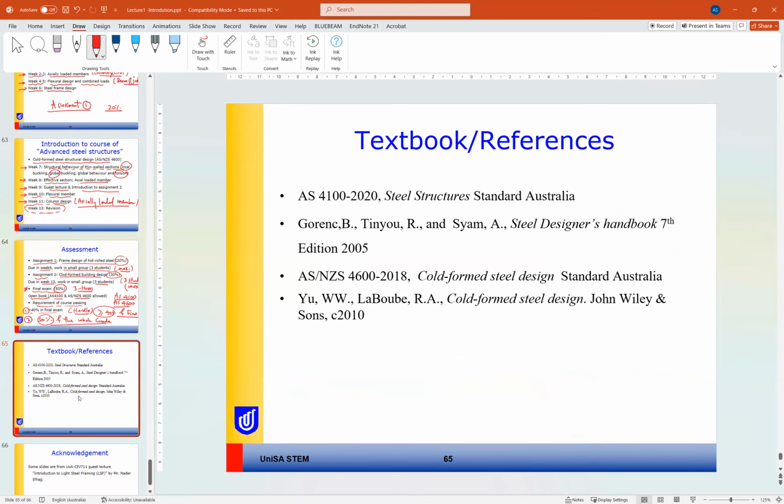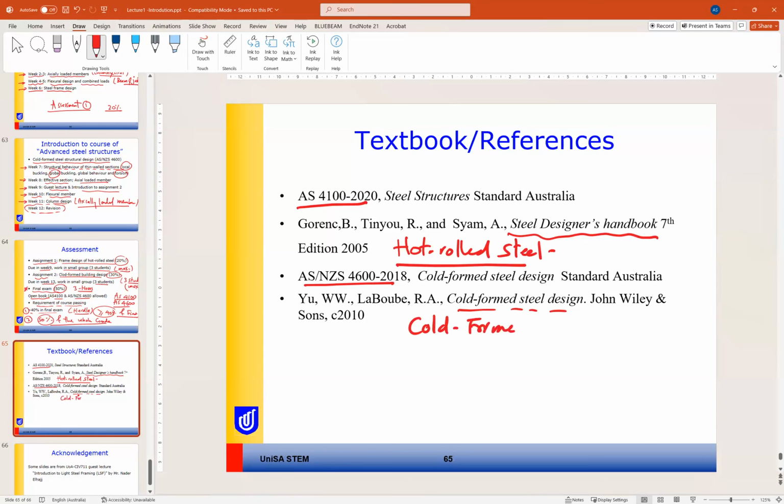The textbooks or references for this course are Australian Standard 4100, Australian Standard 4600, and the Steel Designer Handbook. This for hot rolled steel. And cold formed steel design for the cold formed steel part.